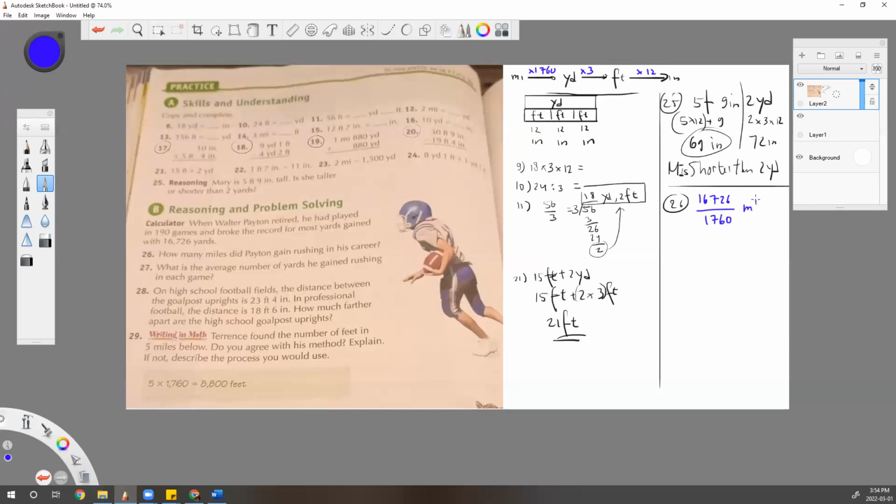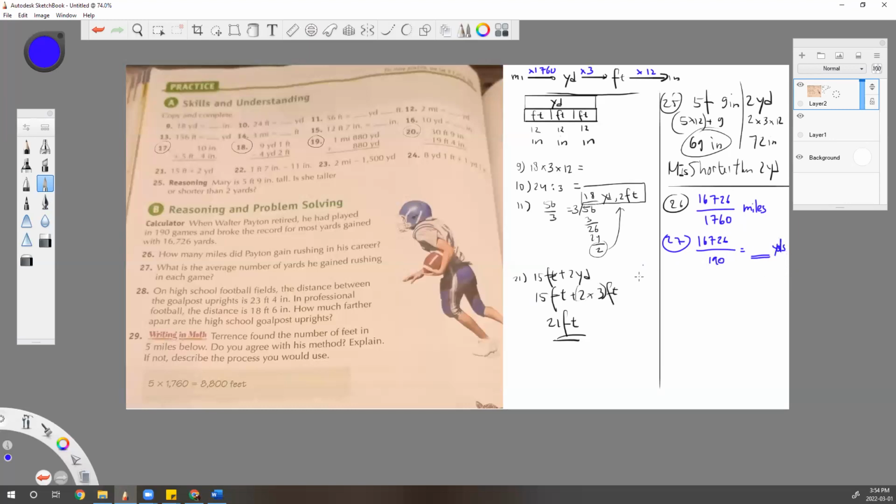So that's the mile. You can find it using your calculator. So 27, what is the average number of yards he gained rushing in each game? So 16,726 you divide by 190 games, right?